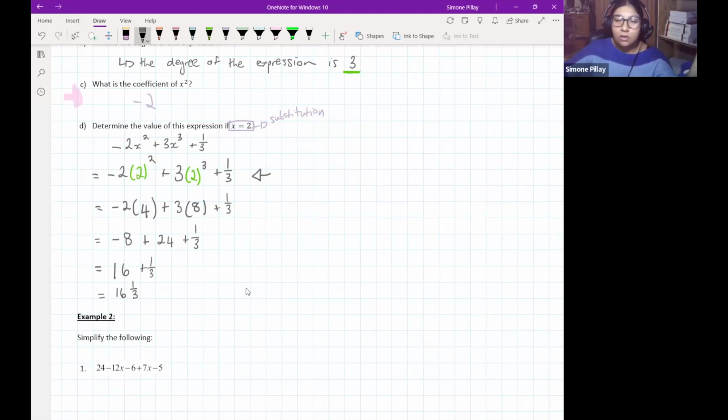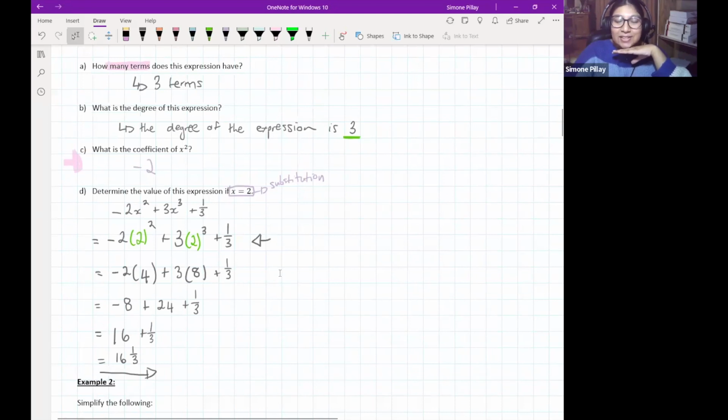Okay, you could have done the whole addition of fractions thing. You could have converted 16 into a fraction with the denominator of 3 and done everything and then converted it back to a mixed number. But think about it. We have 16 cakes. I'm plussing 1/3 of a cake. What's my answer? It's going to be 16 and 1/3. So that is my answer over there.